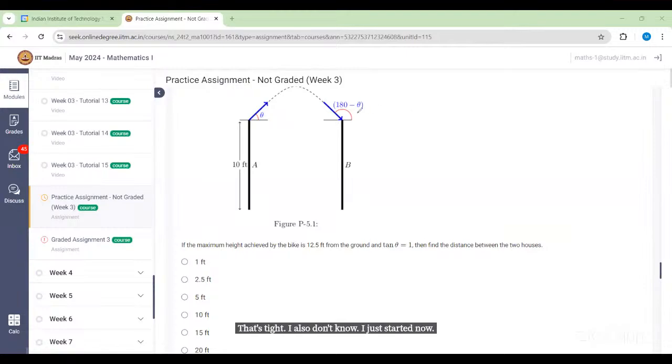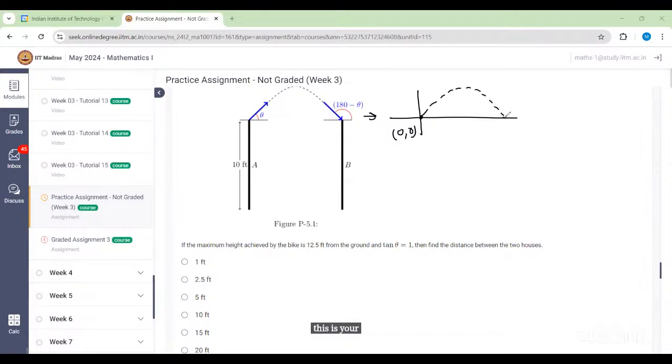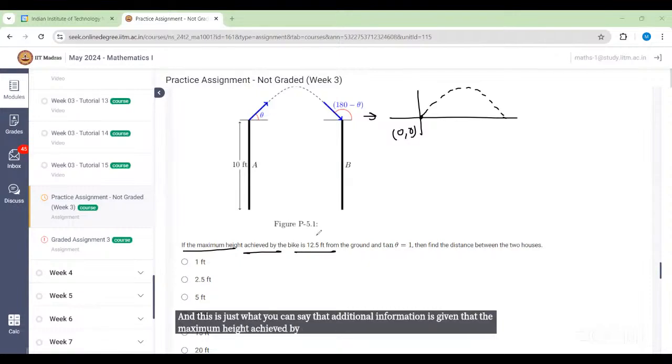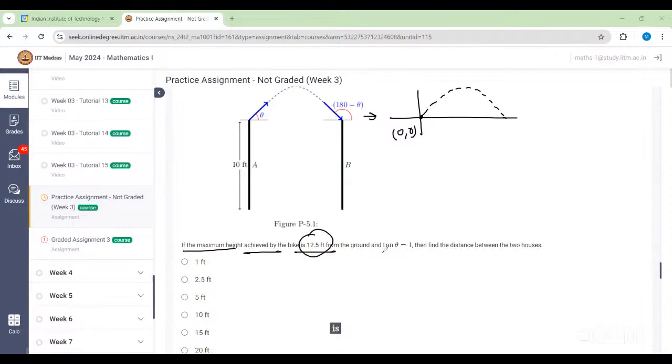So here what I'm saying is that instead of this figure, just assume this figure. This is your origin at 0, 0. This is your parabola. And this is just additional information given, that the maximum height achieved by the bike is 12.5 from the ground, at tan theta equals 1. So when tan theta is equal to 1, it will be 45 degrees.